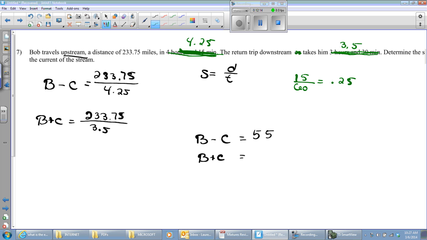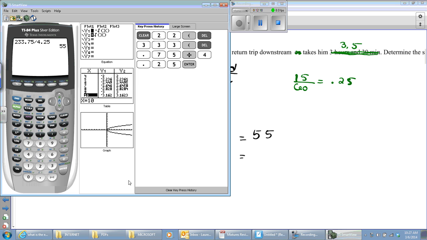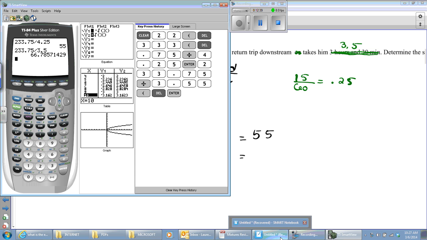Now I'm going to have a problem with the mouse, and then I'm going to do 233.75. Then I'm going to divide it by 3.5. And that will get me that ugly decimal. I'm not going to round it.